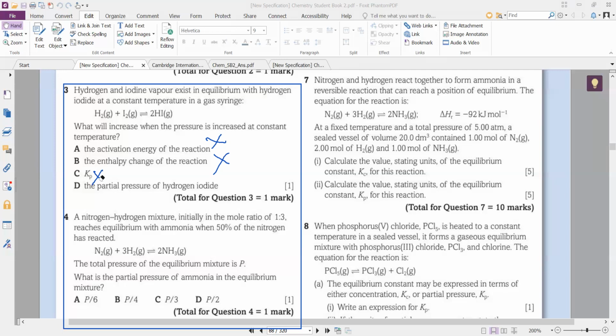Okay, nitrogen hydrogen mixture, initially molar ratio 1 to 3, reaches equilibrium when 50% of the nitrogen has reacted.